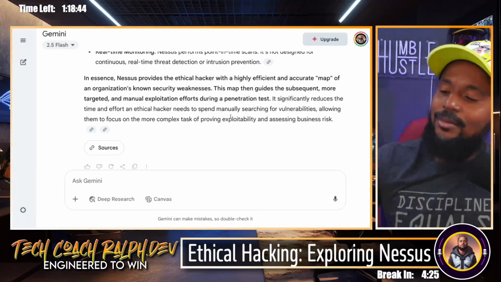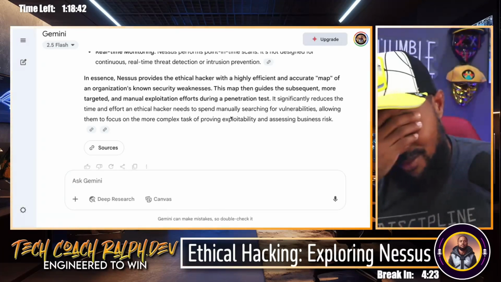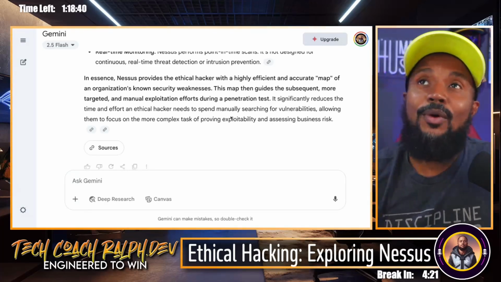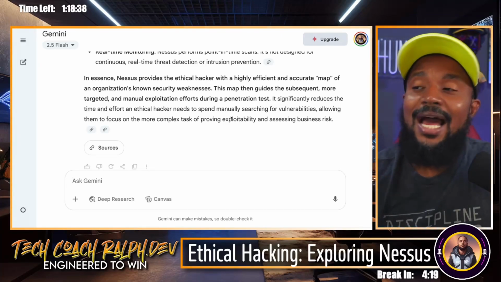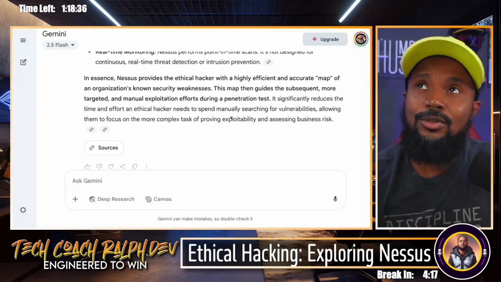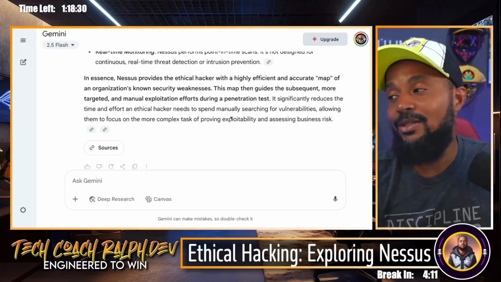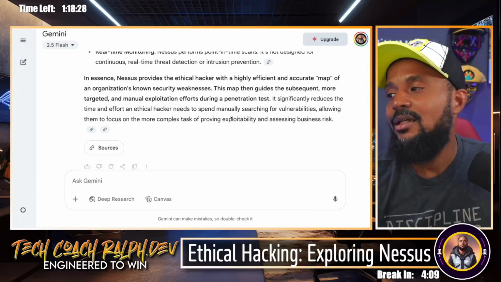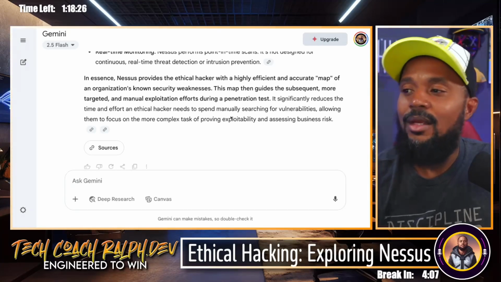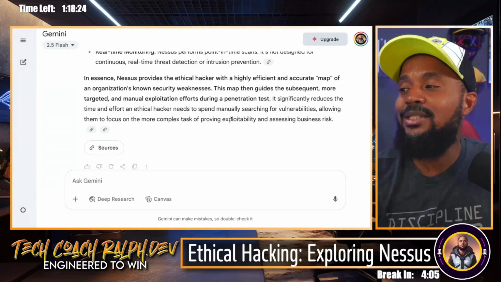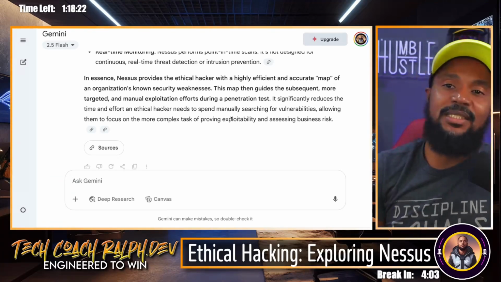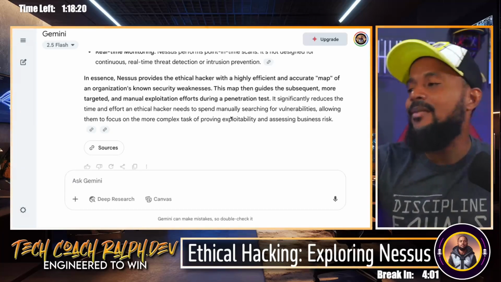Oh my God! Come on, man! All right, I'm going to have to prompt this to not use words that have more than 3 syllables that are hard to pronounce, because this exploitability. More complex tasks of proving exploitability and assessing business risk. Okay, I got that.